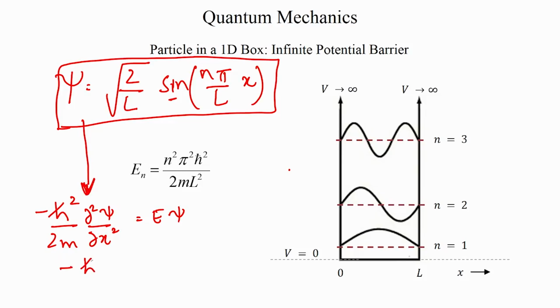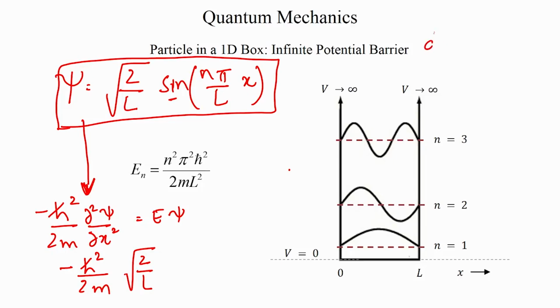So the left hand side will now become minus h bar square by 2m. The first derivative of this will yield square root of 2 by L into n pi by L into cosine of n pi by L x.